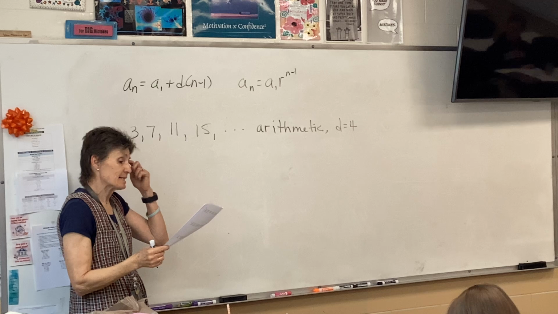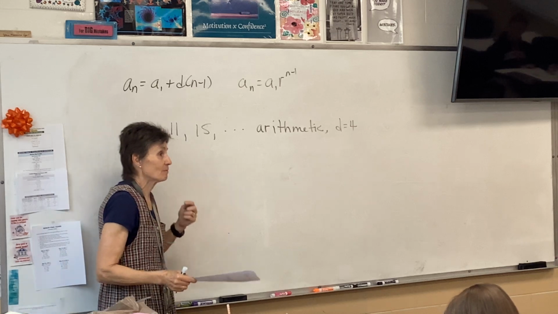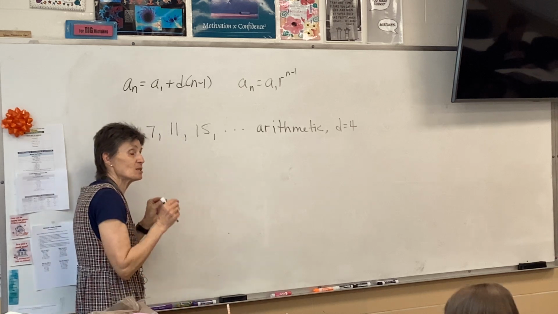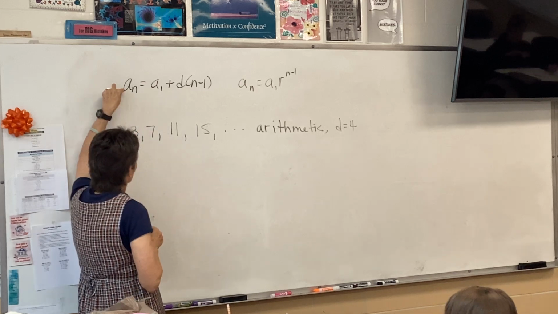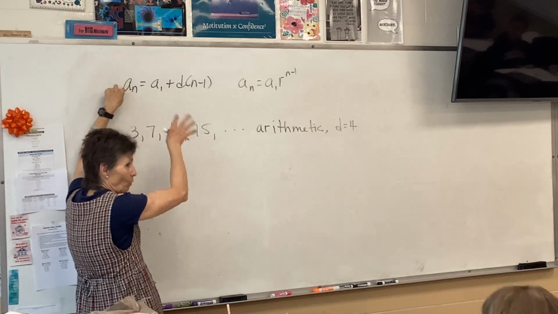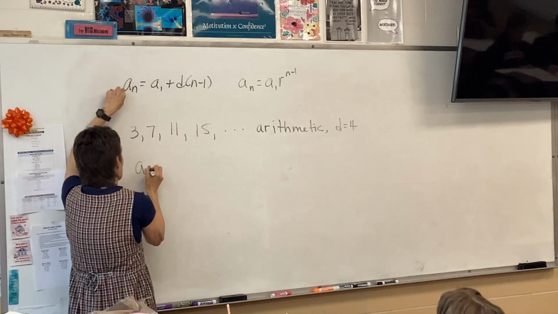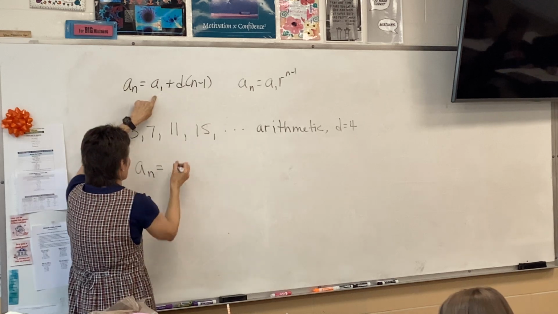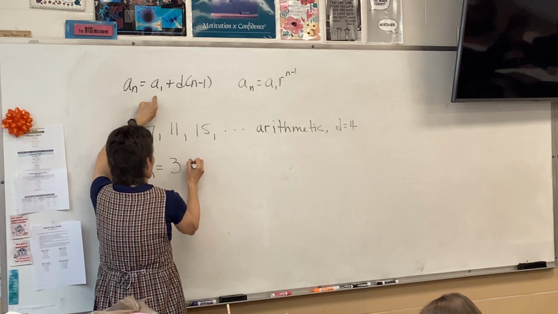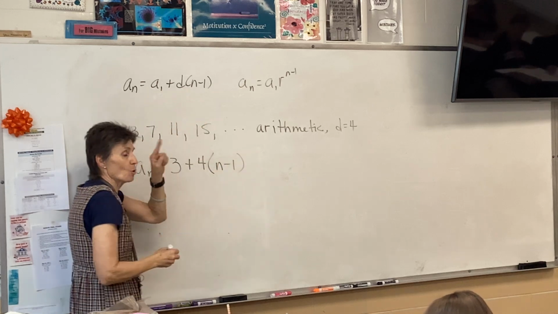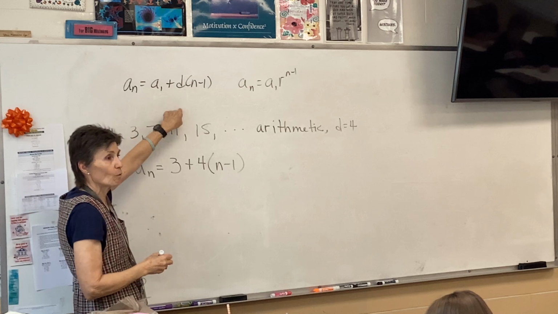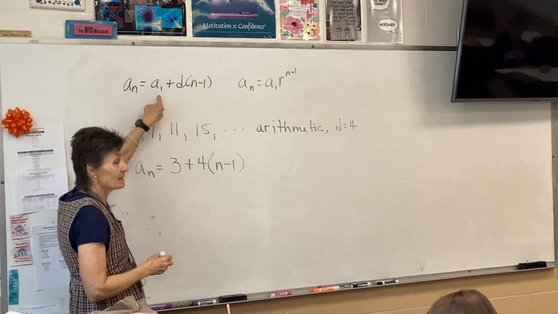Now, it says give an explicit formula. This is what they mean by an explicit formula. I'm going to come back to my general formula here. a sub n is 3 plus 4 times n minus 1. So what did I do? From this formula right here, I plugged in this.